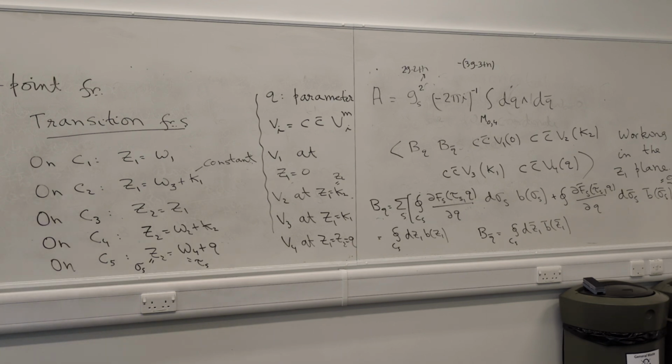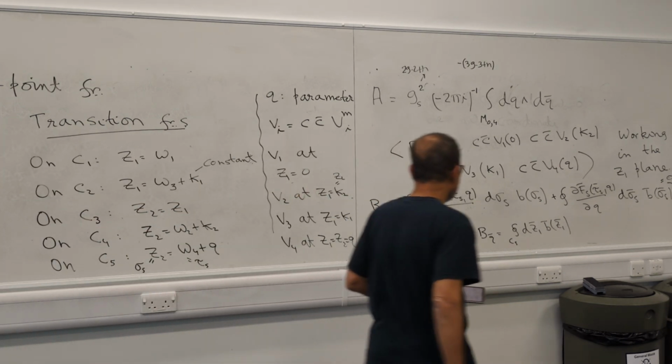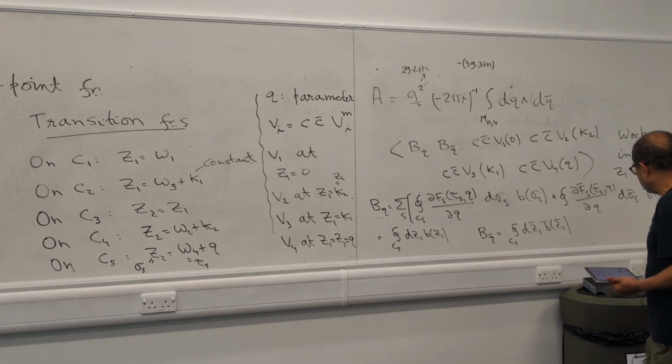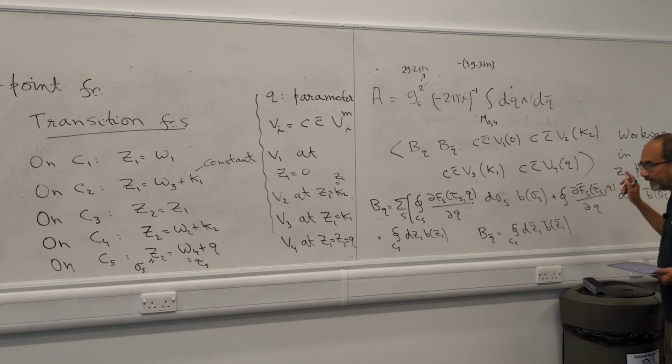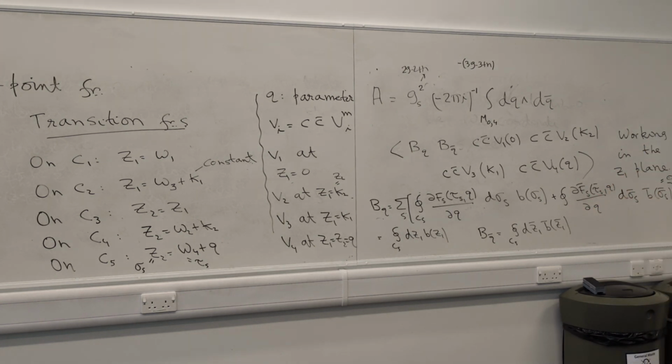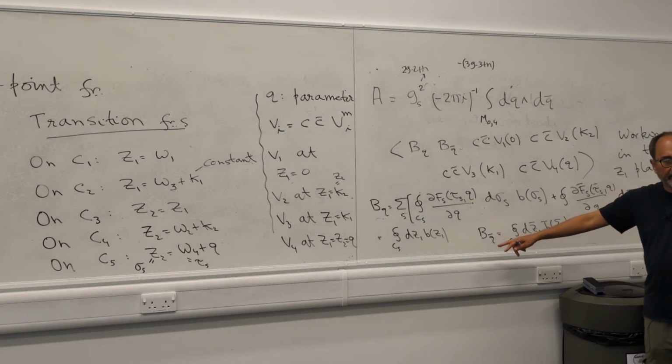Pardon? DQ bar. Oh, yeah. No, that's the point. It's not Q bar. See, our moduli space coordinates are Q and Q bar. So when you are defining BQ, we always define with respect to Q, right? That's why the second term is 0. The BQ bar will have a del Q bar.